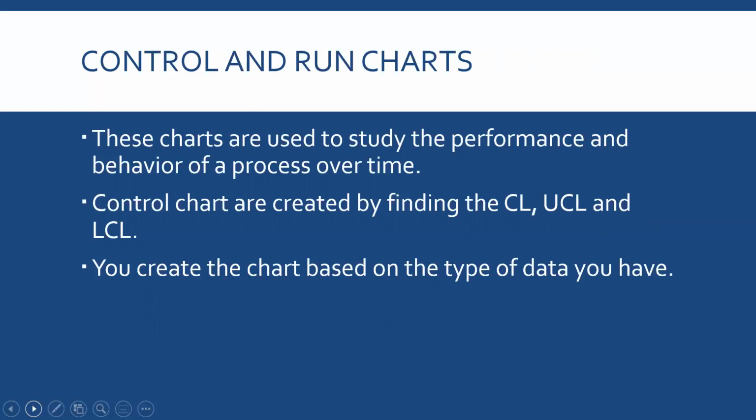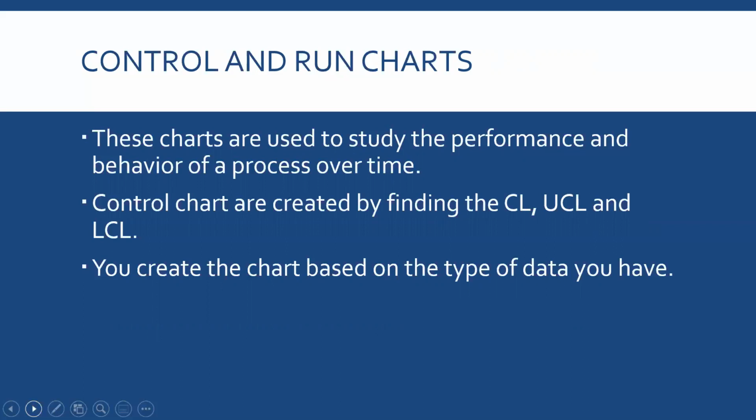The average of the measurements would be the center line. And then you say, okay, what would be the upper limit and the lower control limit? So you put the tolerances. What is acceptable based on the process? It's not based on you, it's based on the process. What's the upper control limit and lower control limit? And there's a calculation for that.